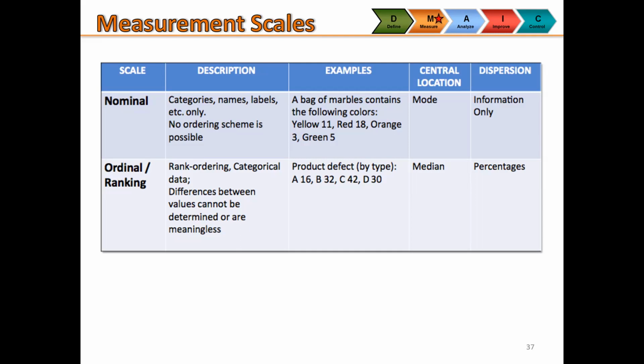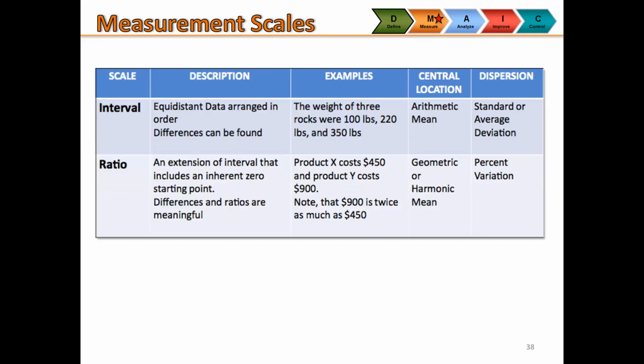And then we move on to interval. It's a scale to label variables that have a natural order and a quantifiable difference between values, but no true zero, like temperature. Temperature is a good example, like in Celsius, right? There's no real true zero value, because you can go below zero. SAT scores, things like that.